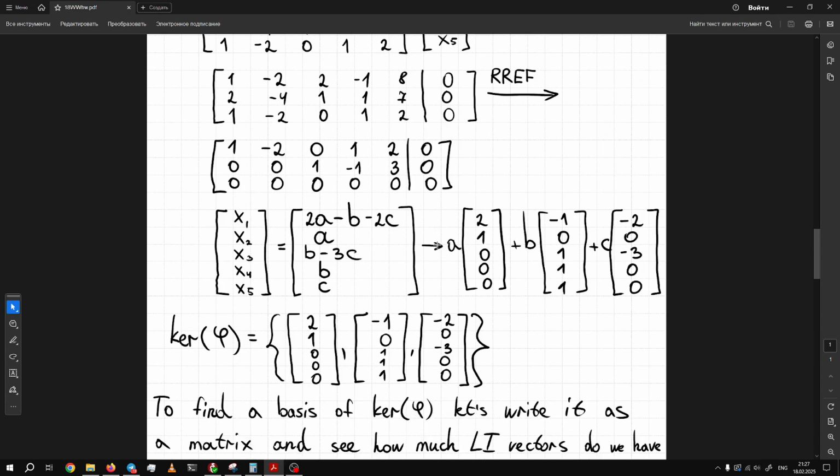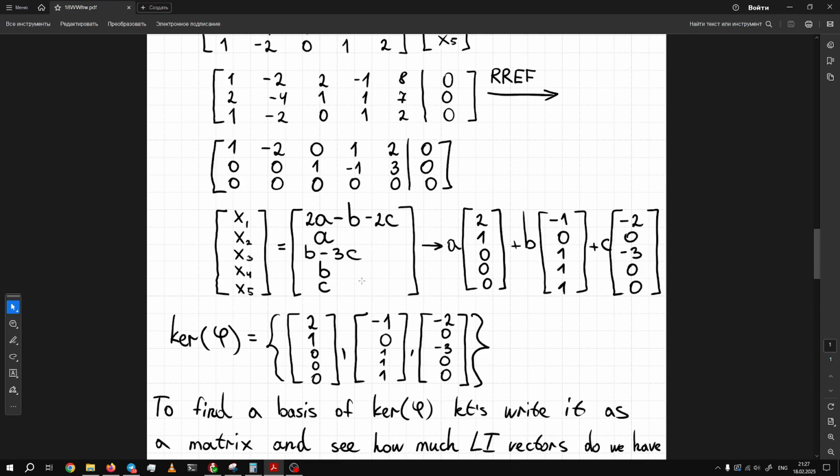I think it's easy, and we can also write it like this, that this matrix is equal to this one. As you can see, for example, the third expression, we have a0 there and 1b and minus 3c, and if we count this, we will get the same thing.